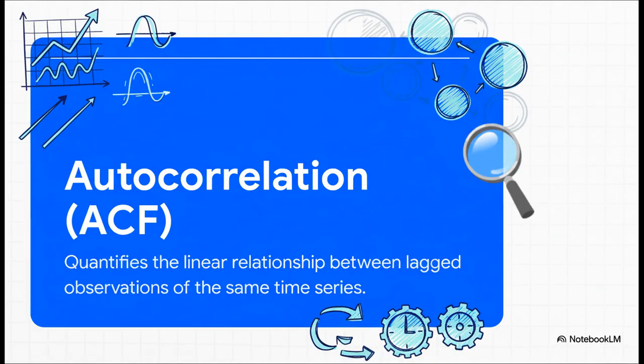So our eyes can spot these patterns pretty well. But how do we prove they exist, with math? For that, we use a really cool tool called the autocorrelation function, or ACF. It's really just a fancy way of asking a simple question. How much does the value today depend on the value from yesterday, or last month, or exactly 1 year ago?